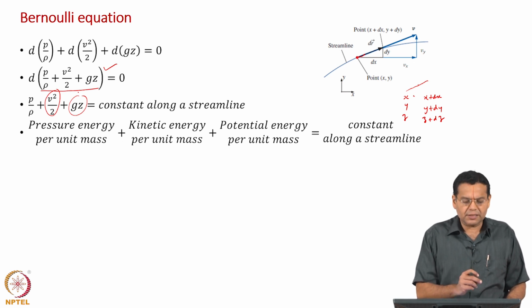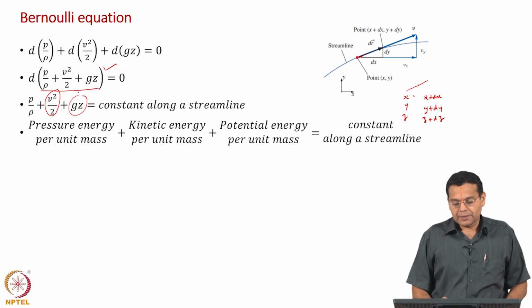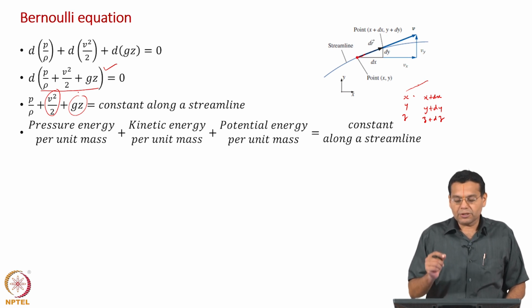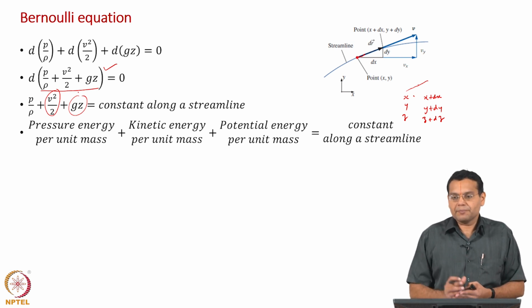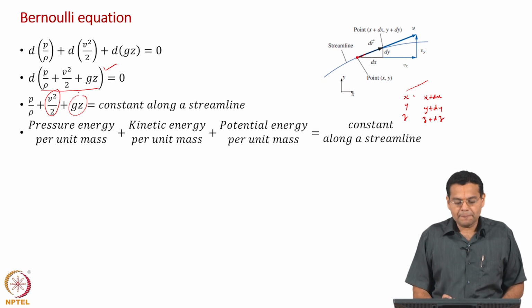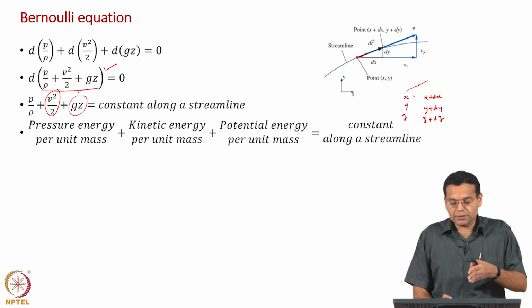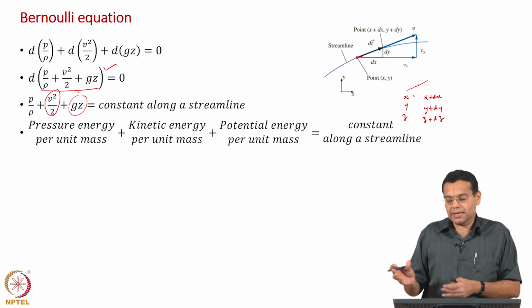We will come across this term once again in energy balance. Of course, all these are different forms of mechanical energy. When you say mechanical energy, what does it mean? Complete conversion to mechanical work should be possible. If you have thermal energy, that cannot be completely converted to mechanical work because of the second law of thermodynamics. But these forms of energy are called mechanical energy because complete conversion to mechanical work is possible.